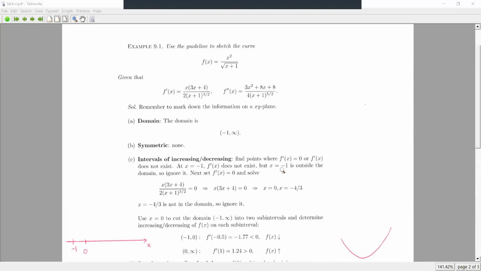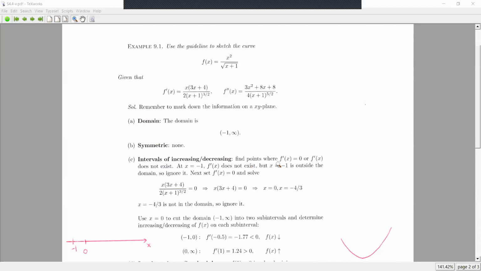But -1 is outside the domain, so ignore it. I don't need to consider -1. Outside the domain, no graph. So just ignore -1. Only at -1 does the derivative not exist.